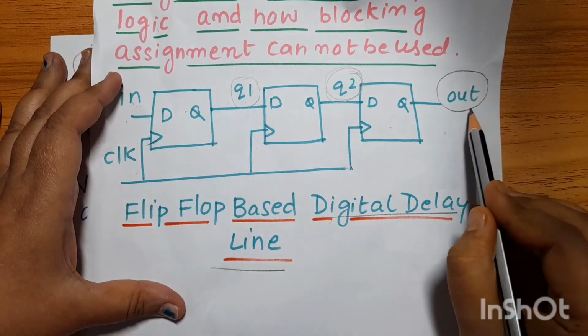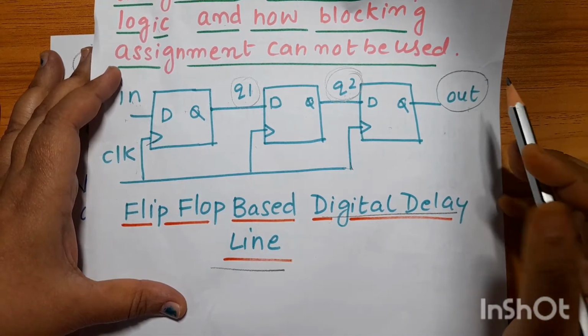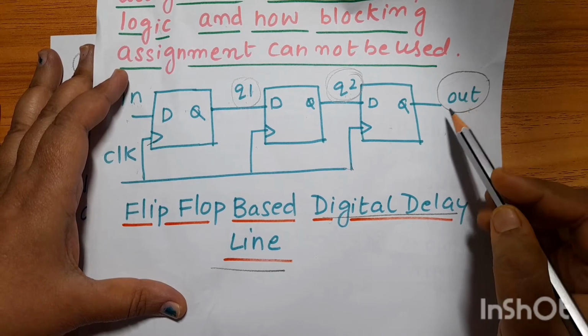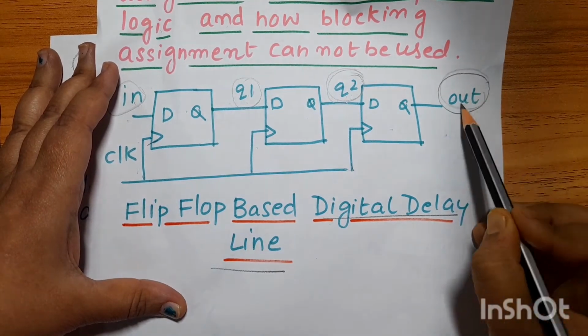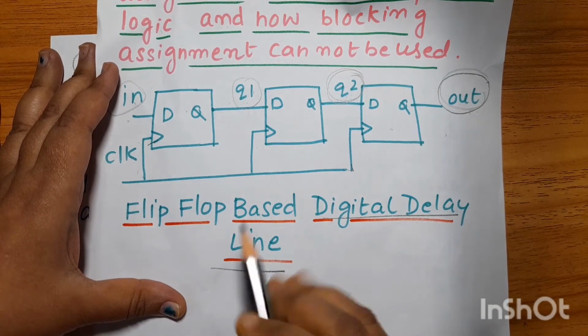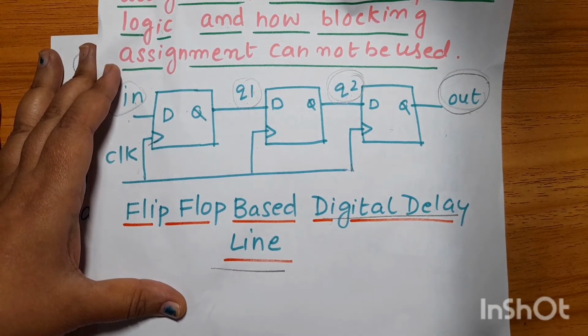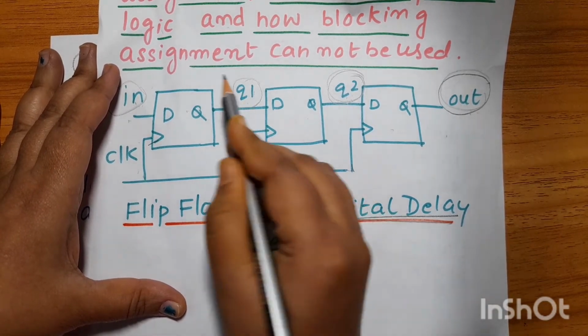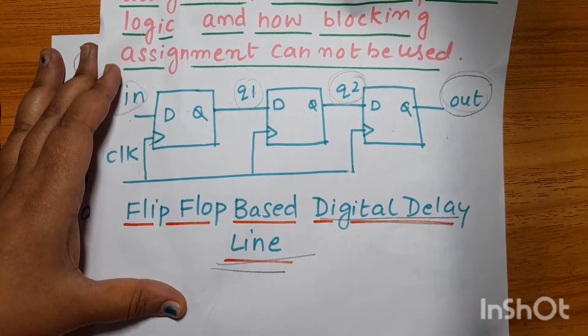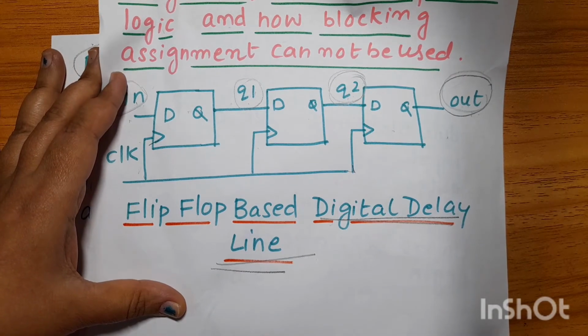Immediately the in value doesn't go to the out. It takes 3 passages of the clock for in to get transferred to out. That is why we get the delay of 3 clocks. That is the digital delay line. This functionality cannot be implemented with the blocking assignments.